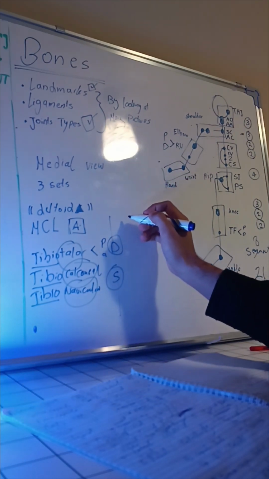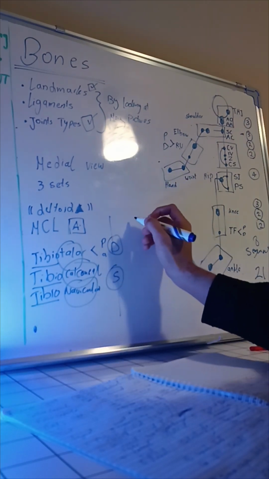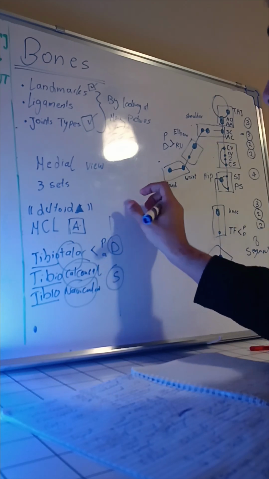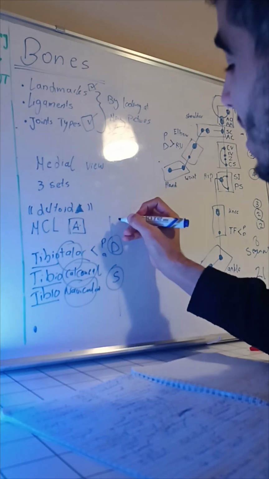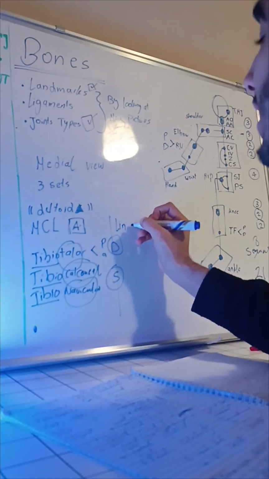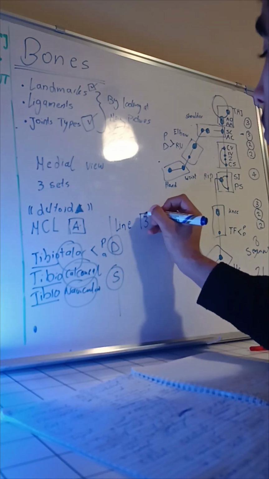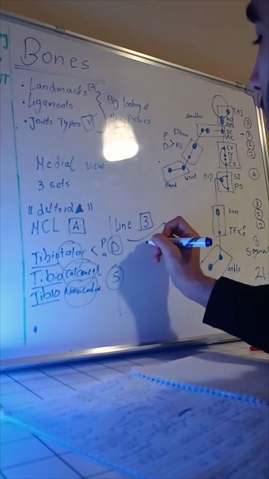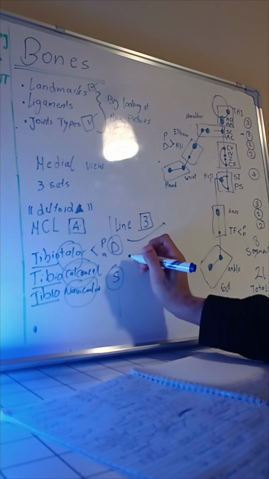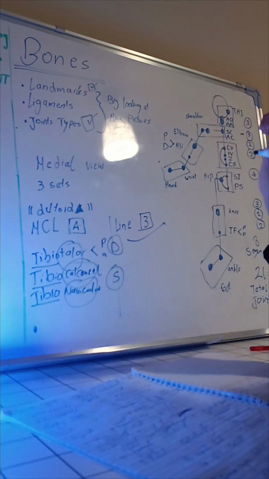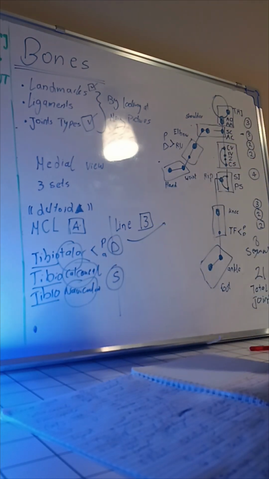I'll call them 1, 2, 3. So three ligaments in one line. This is the line ligaments. There are three which come in one line. So the first one, by the way, the sustentaculum is this one.